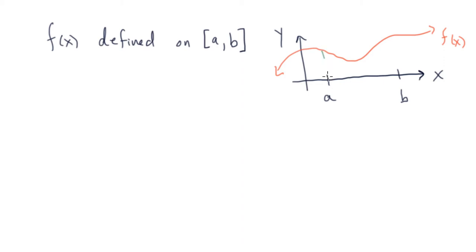In between x equals a and x equals b is a bounded area. So the area is bounded between the graph of the function and the x-axis. So this is just some area, and our goal is just to figure out what that area is.